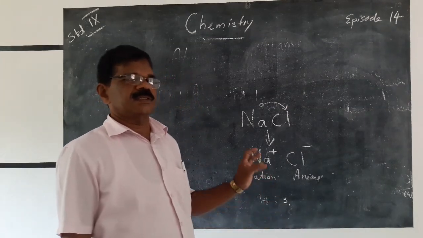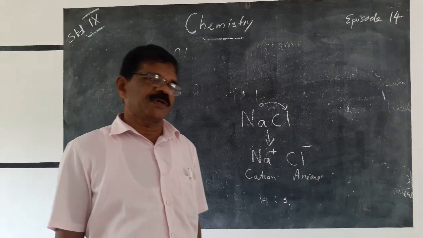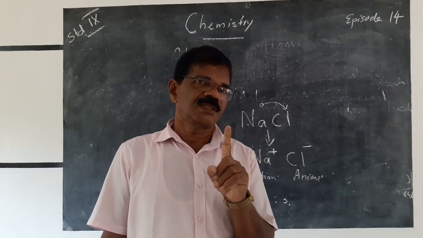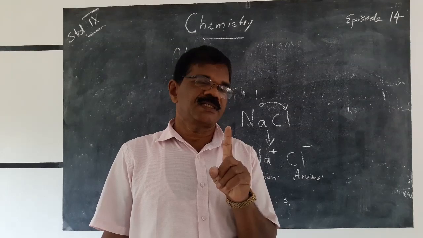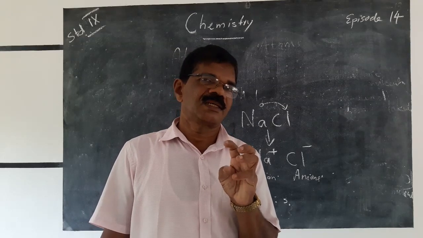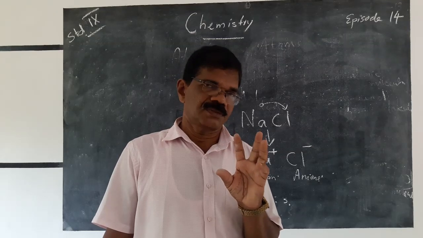We came across 3 points here. What are the 3 points? Ion. What are ions? Charged species, charged atoms. Atoms having a charge are known as ions.